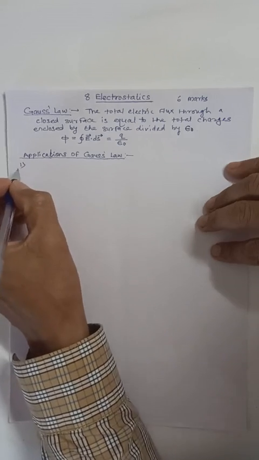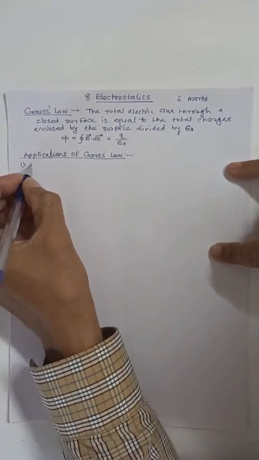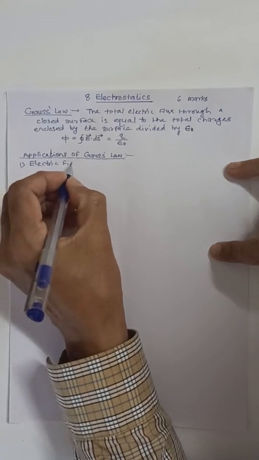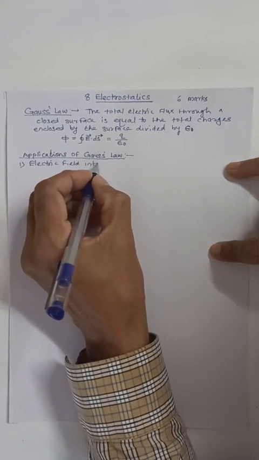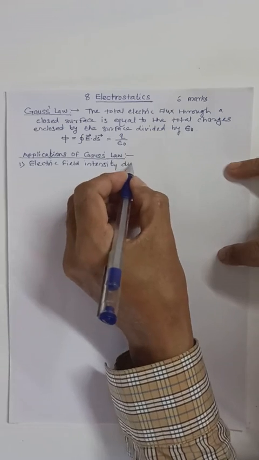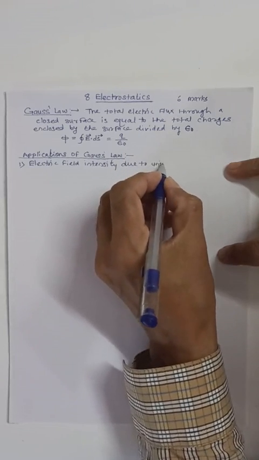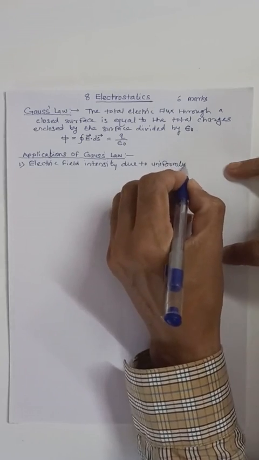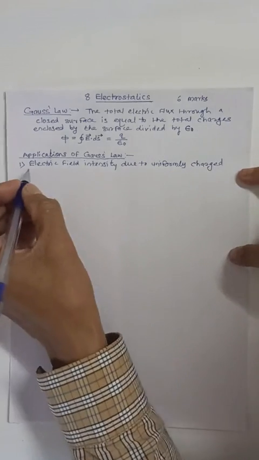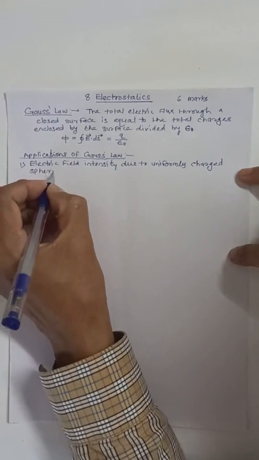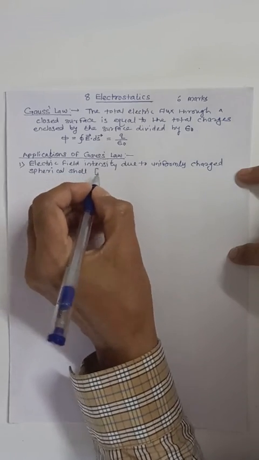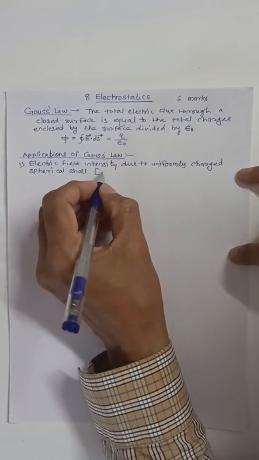The first application is the electric field intensity due to uniformly charged spherical shell or hollow sphere.